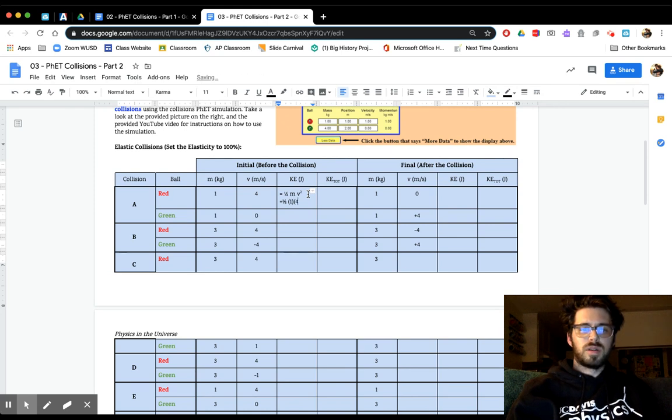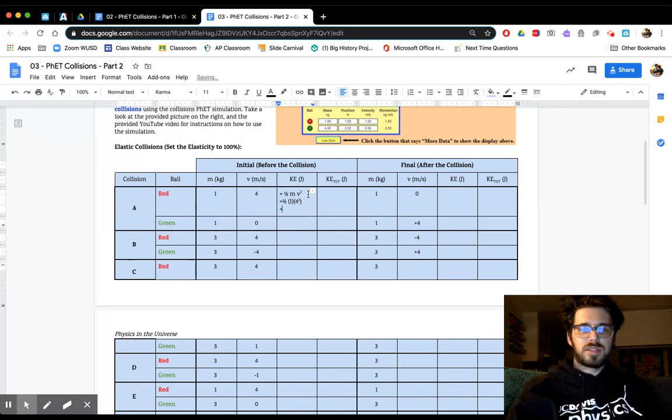So 4 squared. 4 squared is 16. 16 times 1 is 16. 16 times 1/2 is 8. So this is going to equal 8 joules. This one has a speed of 0, so that means it has 0 joules of kinetic energy.